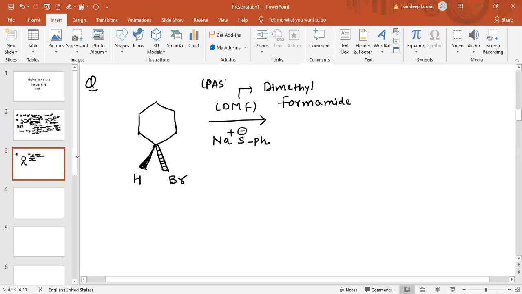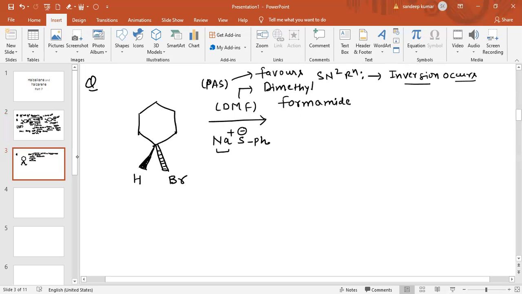Polar aprotic solvent favors SN2 reaction, and in SN2 reaction inversion occurs.